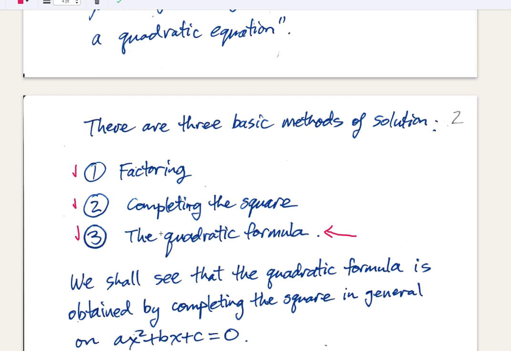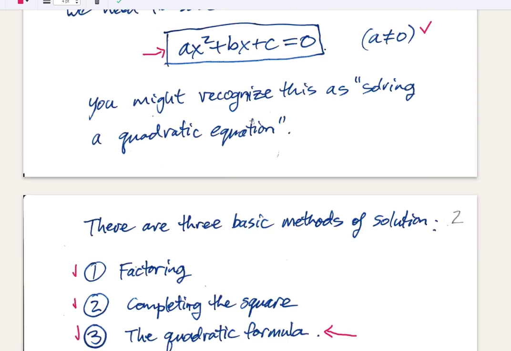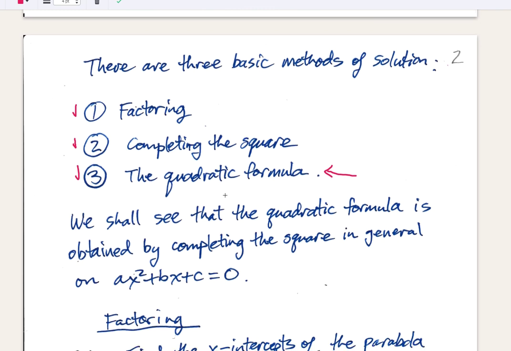Now, I must say that the quadratic formula will always work to find the solutions to quadratic equations like this, ax squared plus bx plus c equals 0. Okay, the quadratic formula always works. But we've got to build our way up to it here. And it's not always the easiest mode of solution here.